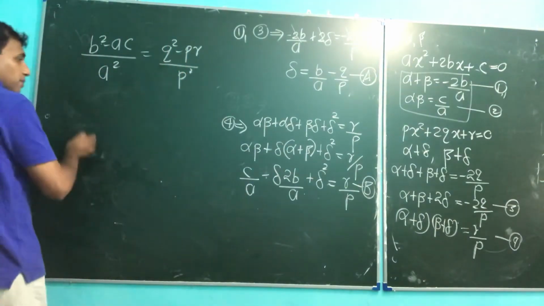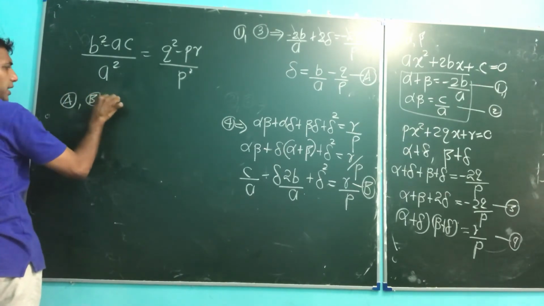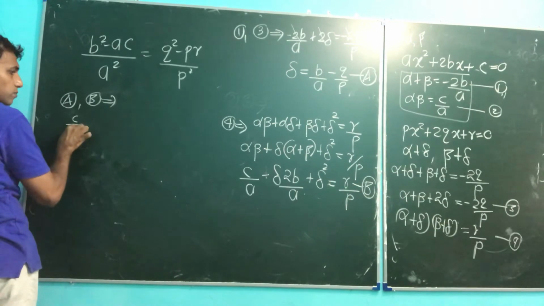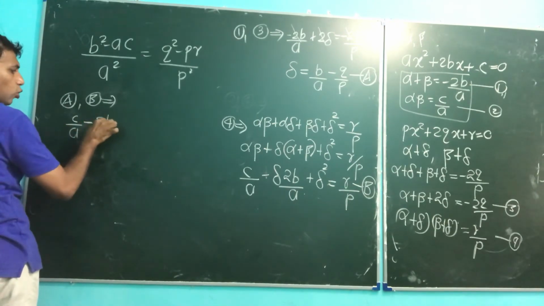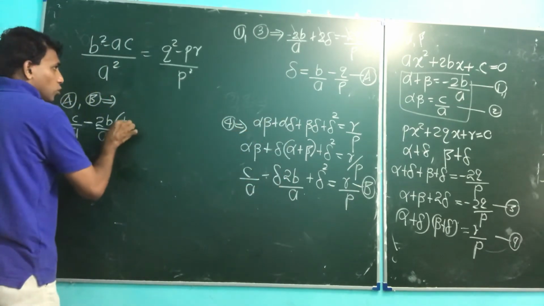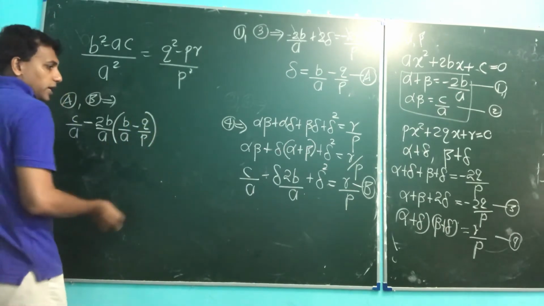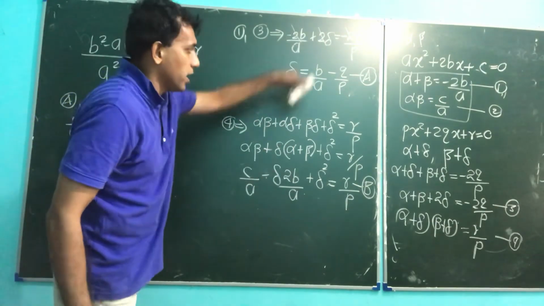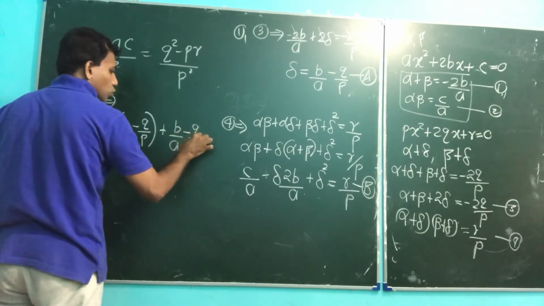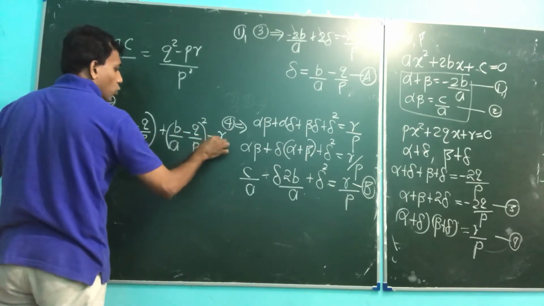Okay, I connect the a and b: c over a minus 2b over a times delta, where delta is b over a minus q over p, plus delta square, where delta square is b over a minus q over p, squared, equals r over p.